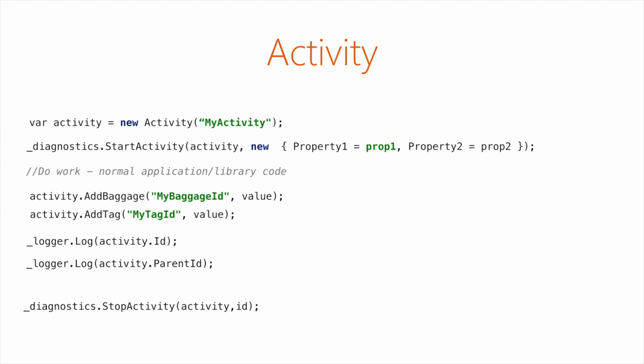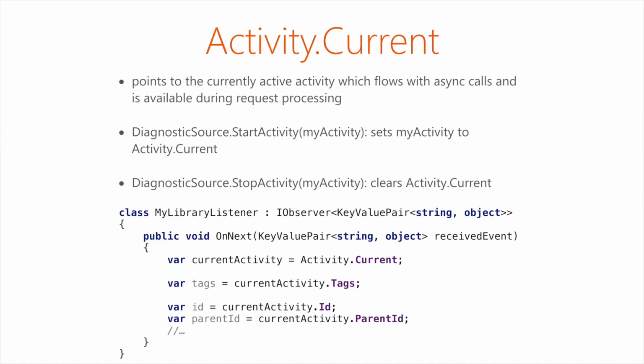There is one last super important property, which is the Activity.Current static property. Activity.Current points to the currently active activity, which flows with async calls and is available during the request processing. This means that the start activity method sets the given activity to the current activity, and with this property you will be able to access this current activity at any point in the code, and then DiagnosticSource.StopActivity will clear it.